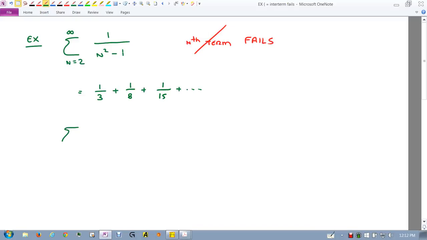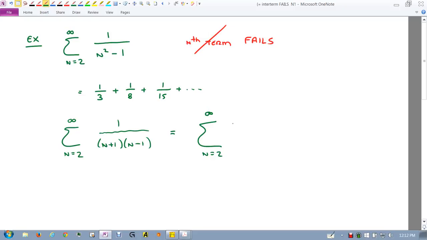Okay, so the good news is I can factor that. And that should be the tip-off for you that if the denominator factors, you should be able to do partial fractions. Now, I'm not going to show the work. This should turn out to be, I think it's 1/2 and -1/2, or the other way around.